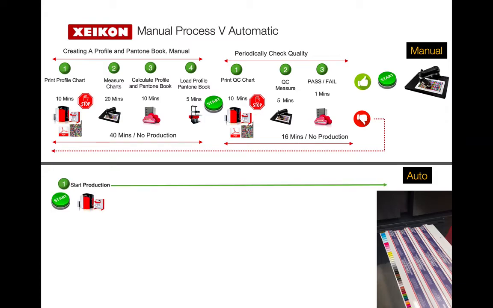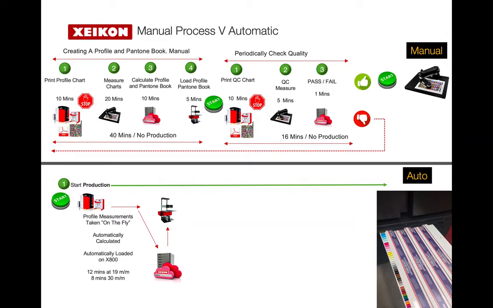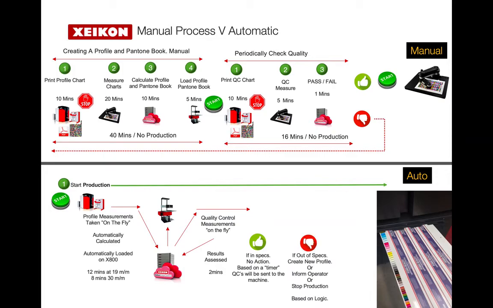Now, if we look at automation, we just start production. Everything is done on the fly. So we calculate the profile, we configure the workflow, and then periodically we will check that everything is in specs. And if it's in specs, then there's nothing to do.